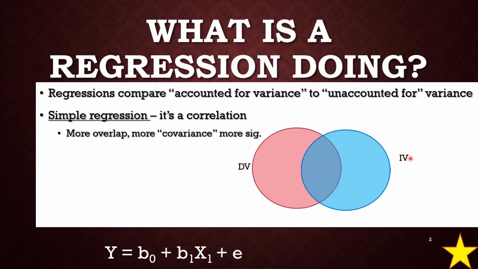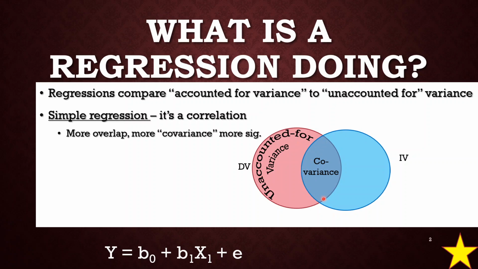The way that you identify that R, or really R square, is to compare the covariance, the shared variance of these two, to the overall variance of the dependent variable, or the unaccounted for variance of the dependent variable. The R square is a percentage of accounted for variance.